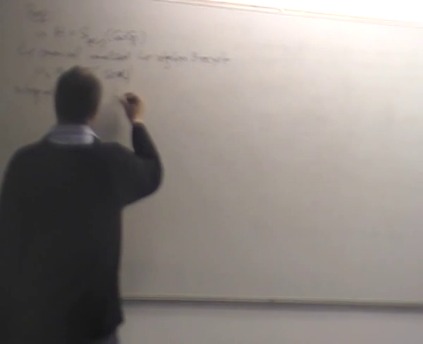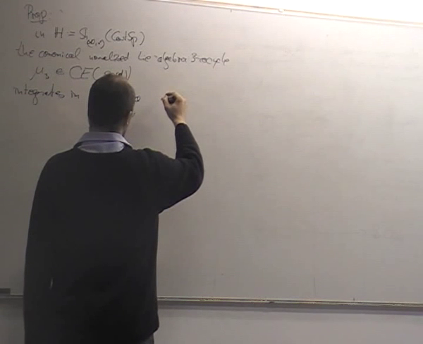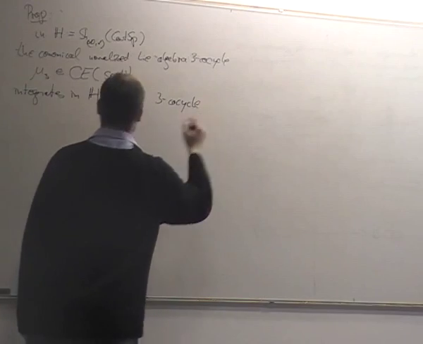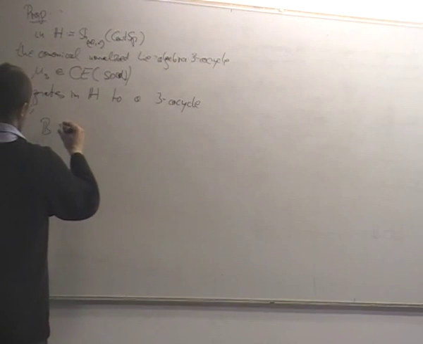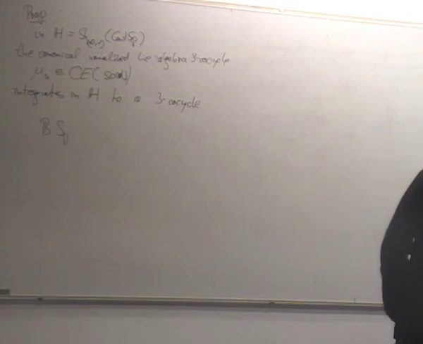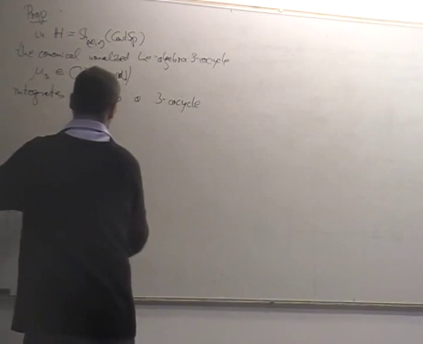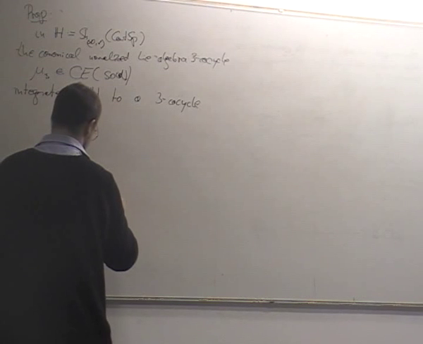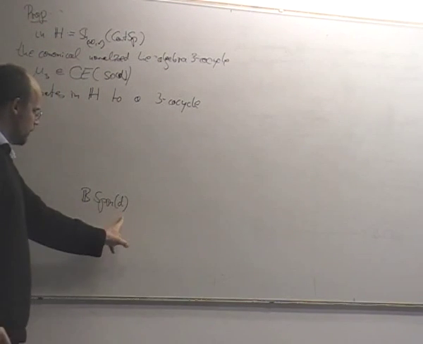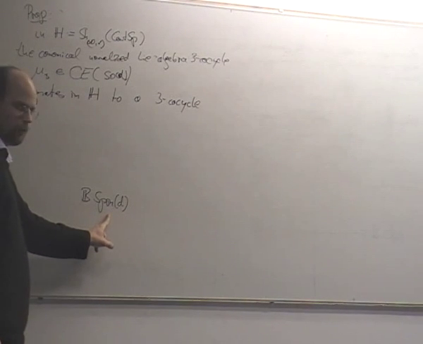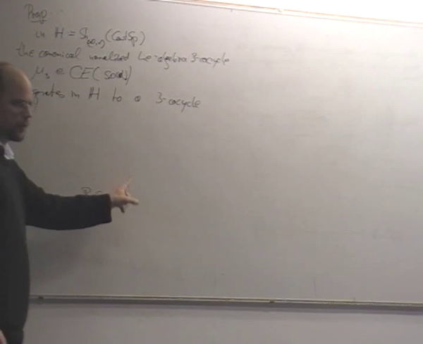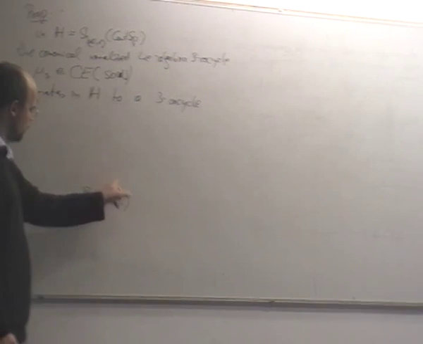Integrates in H to a 3-cocycle of smooth Lie groups, namely a morphism. So that's the smooth Lie group Spin(D) that we've already seen in the toy example, and that's its delooping to a smooth classifying space in my smooth topos.